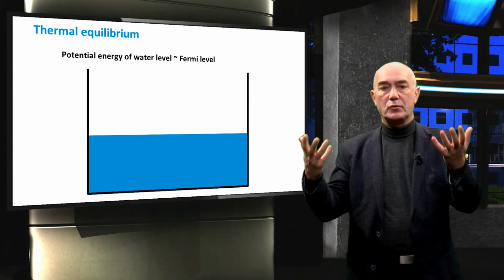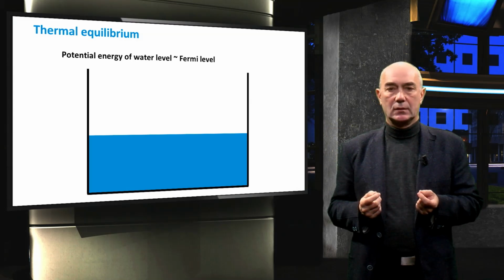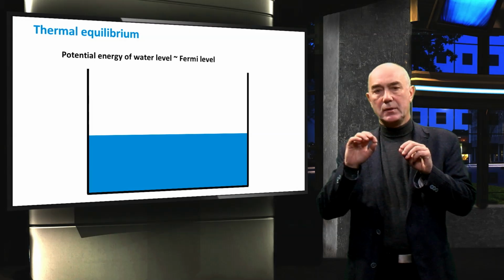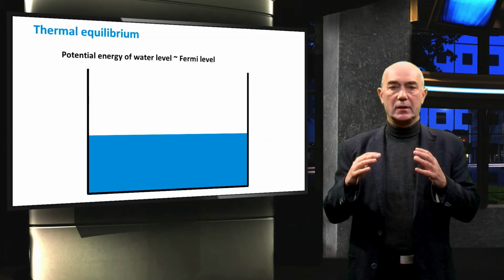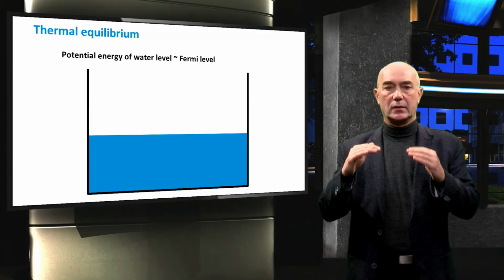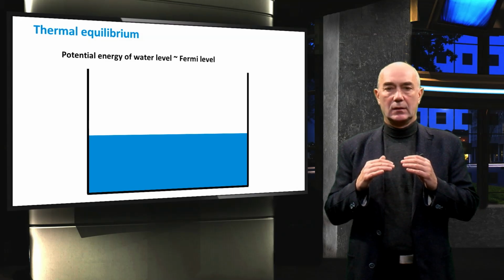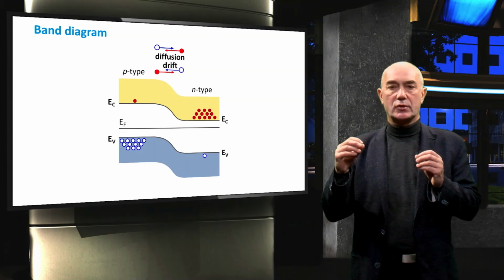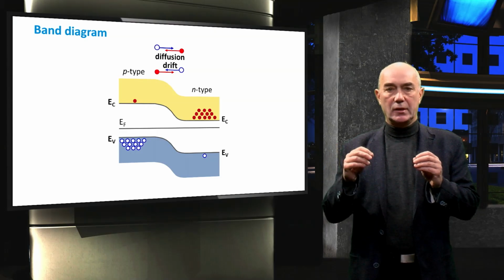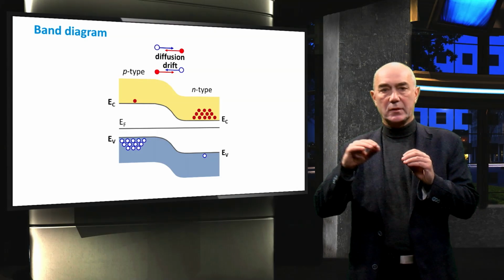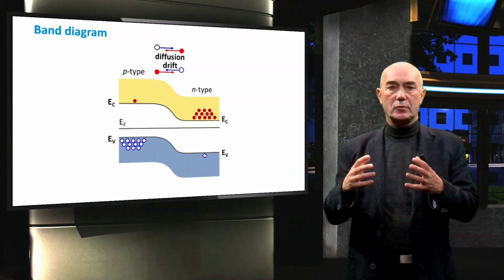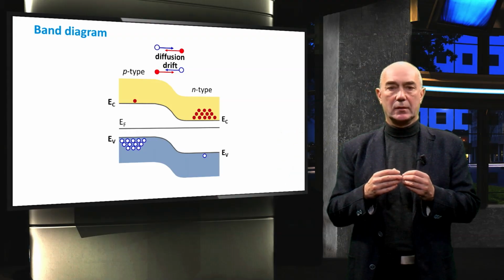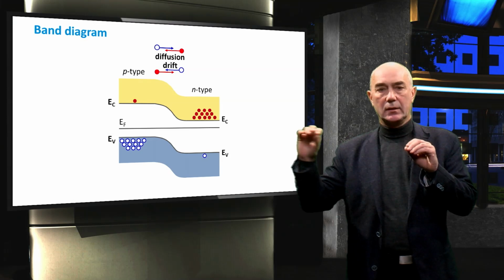What does that have to do with our p-n junction? The water level in the vessel is like the Fermi level in semiconductor materials. So let's go back to our band diagram of the p-n junction. The average energy of electrons throughout the p-n junction has to be the same in thermal equilibrium, like the water level in a vessel.